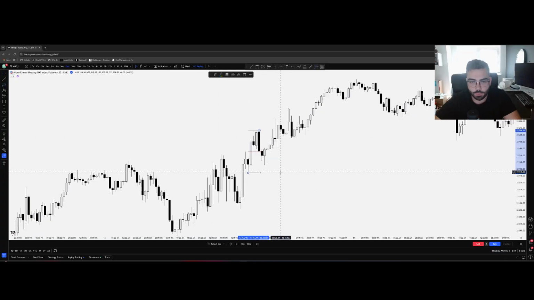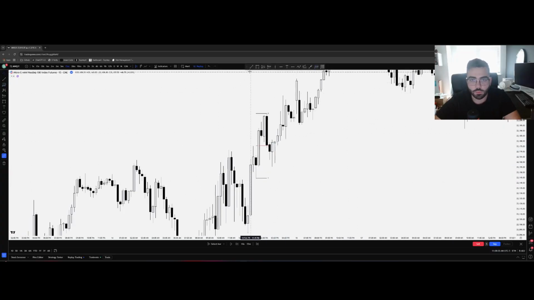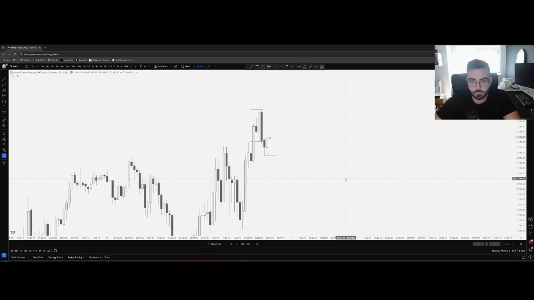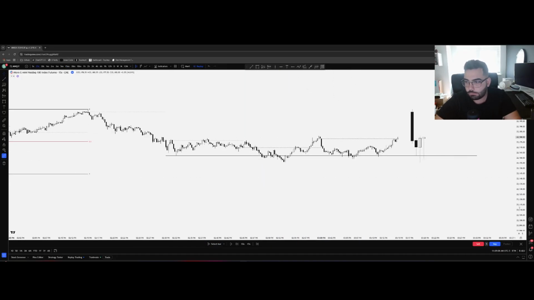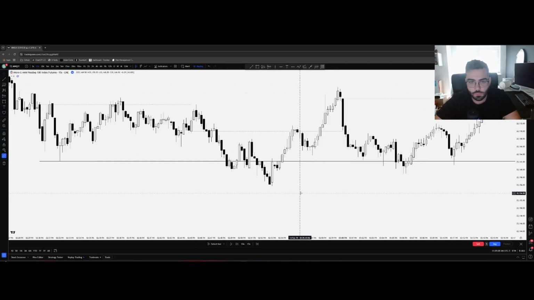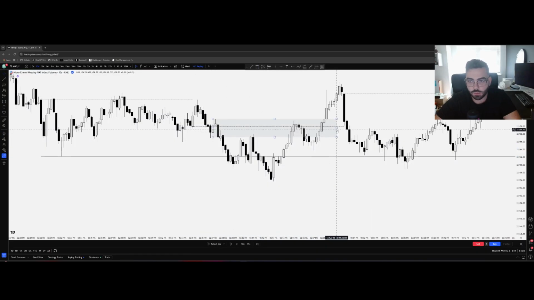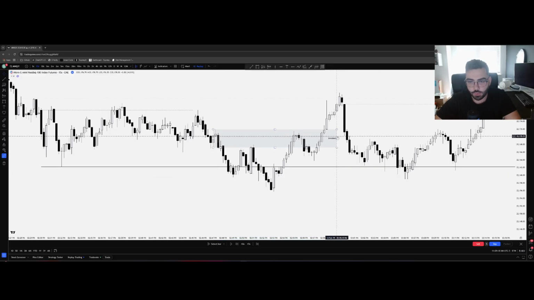Premium and discount, the most important factor in my trading. 12:45 is the manipulation candle, right? So let's put this in replay mode and back it up a bit. You can see this dotted line is the opening price. And what do you have? You have a breaker that aligns with that opening price right here. So that would be your entry, right?